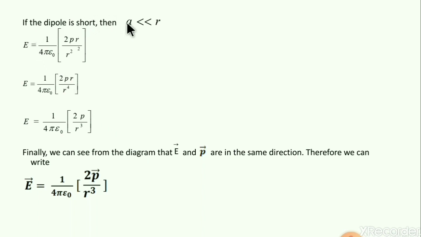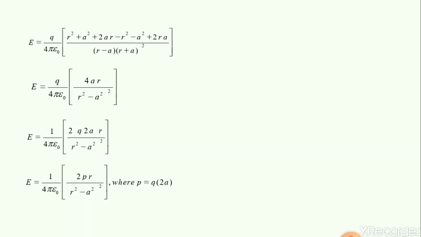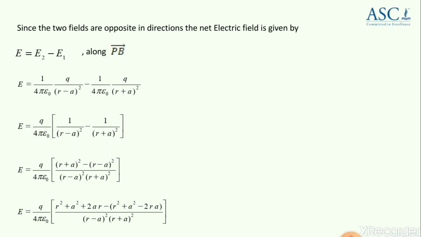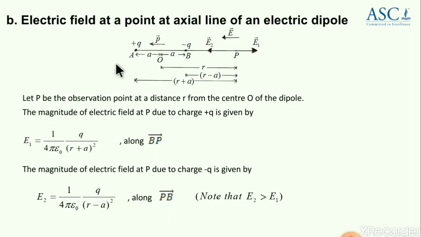And now one important thing: if the distance a is very much smaller than r, that is, if the dipole distance a, from the midpoint to any one charge, is very much lesser compared to this r.